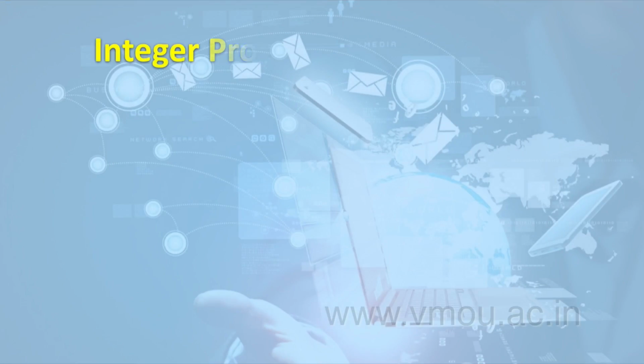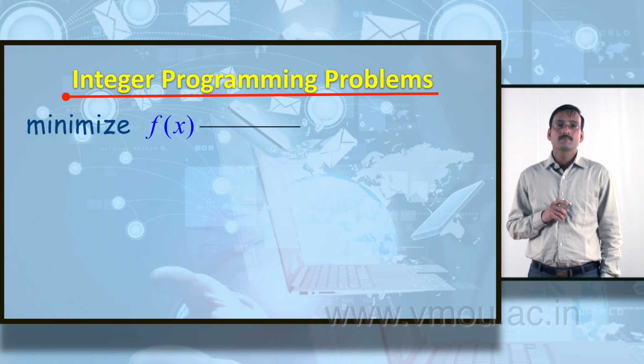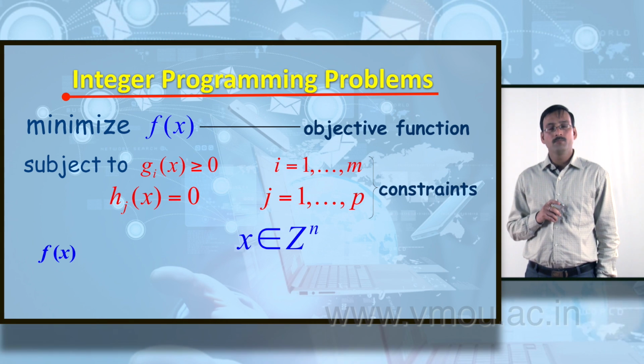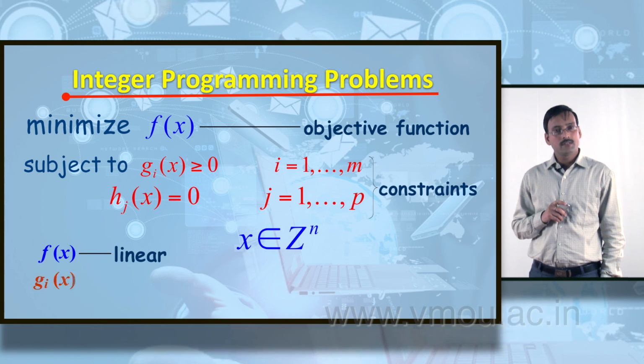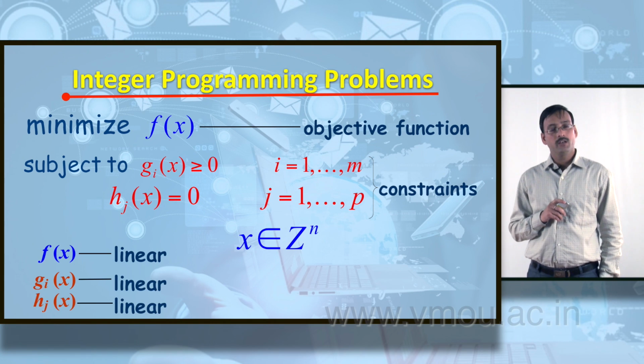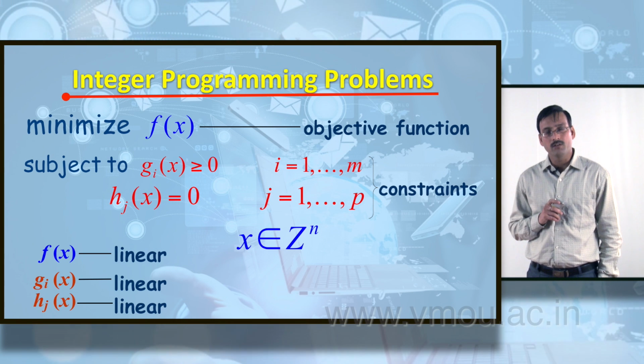Another kind of optimization problem is the integer programming problem. In this case, the objective function is linear as in the linear programming problem. This consists of similar inequality constraints and equality constraints, where the functions should be linear in both cases. The only big difference between the integer programming problem and the linear programming problem is the nature of the decision variable x.